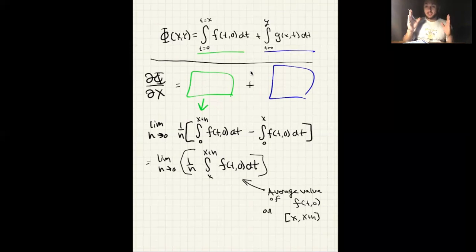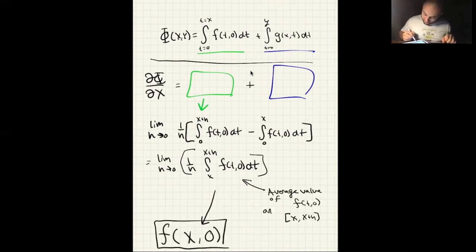And as h gets smaller and smaller, you can apply a continuity argument to confirm that this is equal to f(x, 0). So this limit is f(x, 0). That's the green quantity.